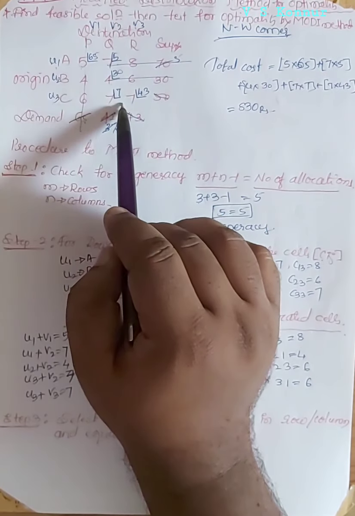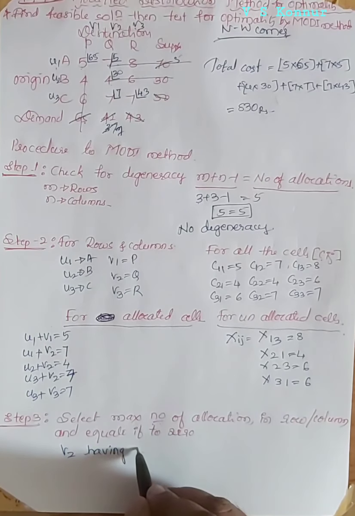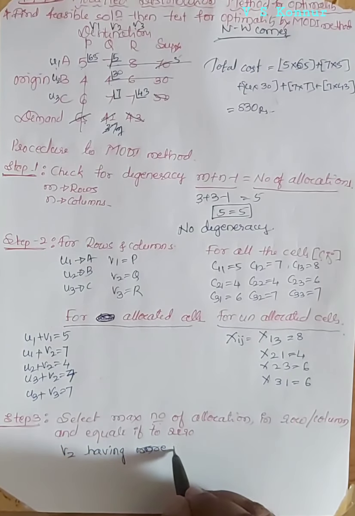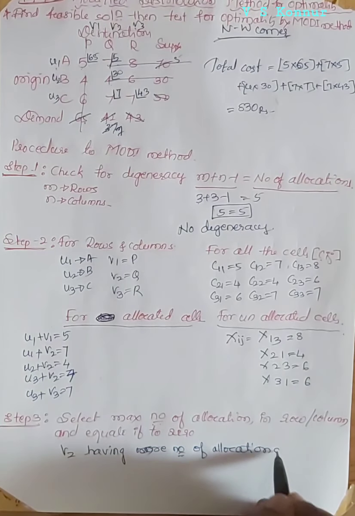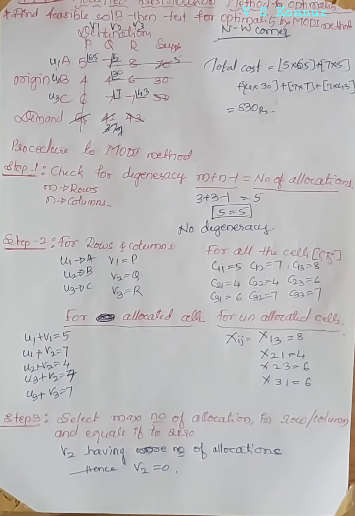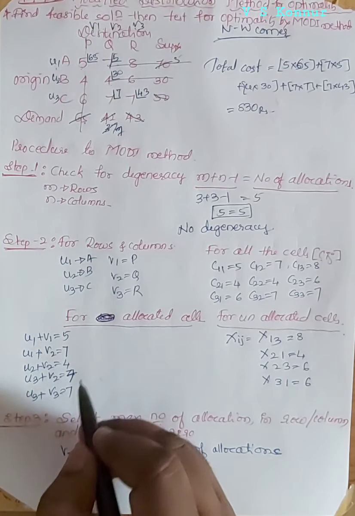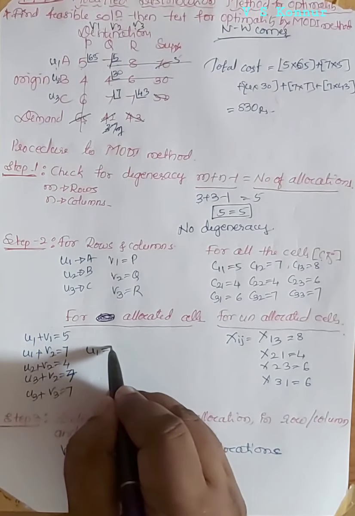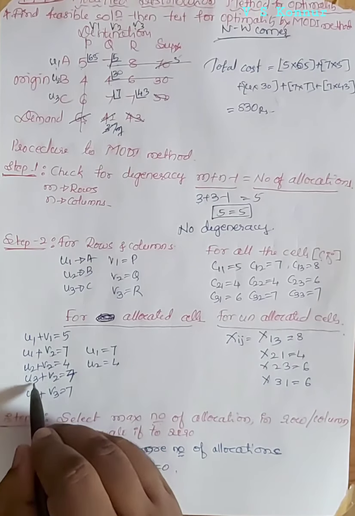So V2 has the most allocations, hence V2 is equal to 0. The column or row having more allocations is equated to 0. Now V2 is equal to 0. If you put V2 equal to 0 here, you will get U1 equal to 7, U2 equal to 4, U3 equal to 7.